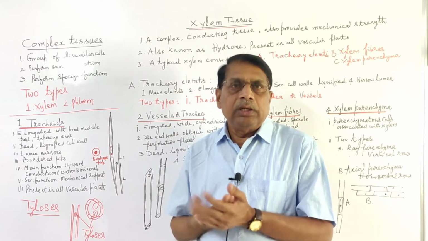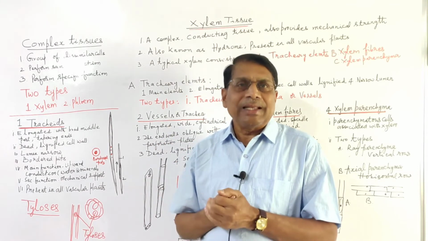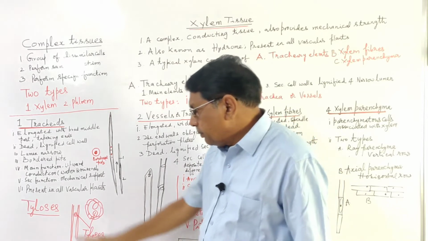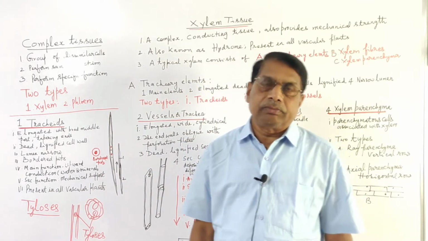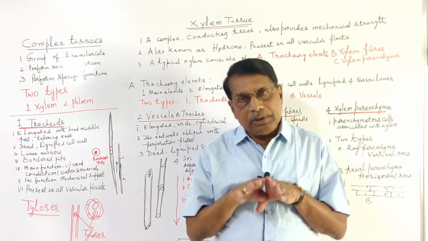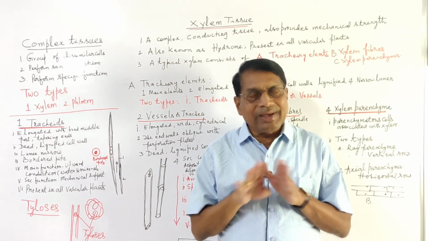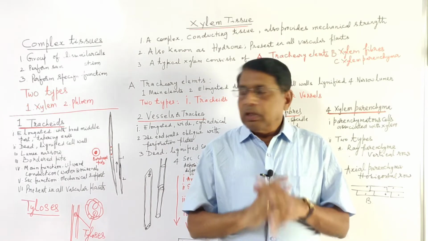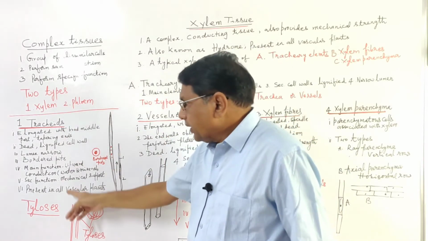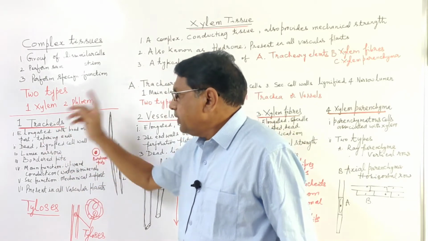Other mechanical tissue is the sclerenchyma. Present in all vascular plants, means they are present in pteridophytes, gymnosperms, angiosperms, in all. So these are the characteristics and functions of the tracheids.